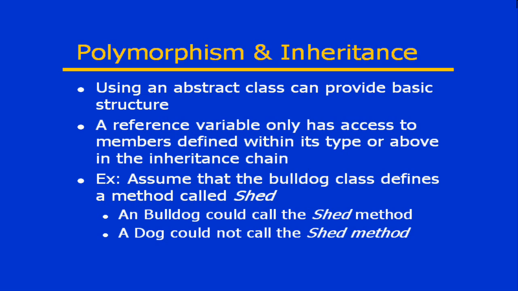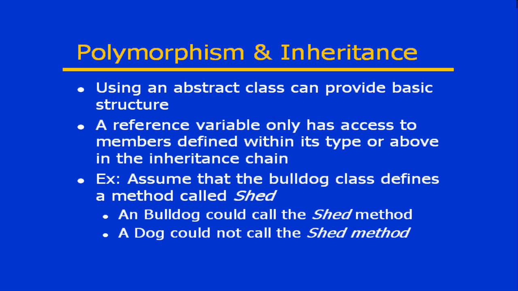For example, let's say that we have a shed method that has been created in the bulldog class. The dog does not create or contain a shed method. Only the bulldog class has a shed method. Therefore, if we have a type that's typed specifically as bulldog, then that variable could call that shed method.